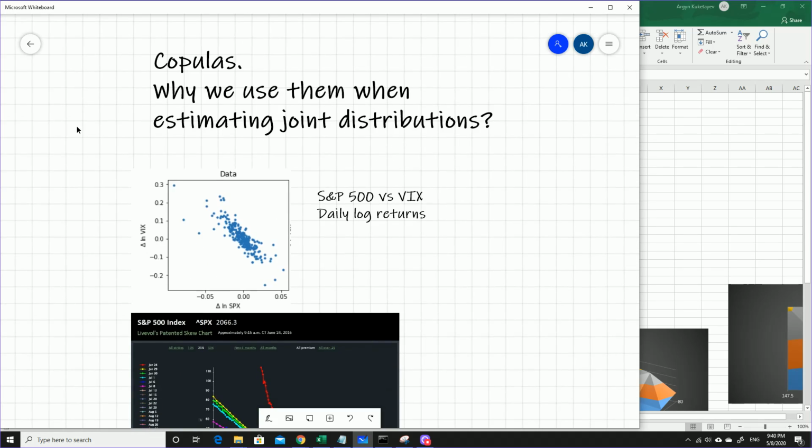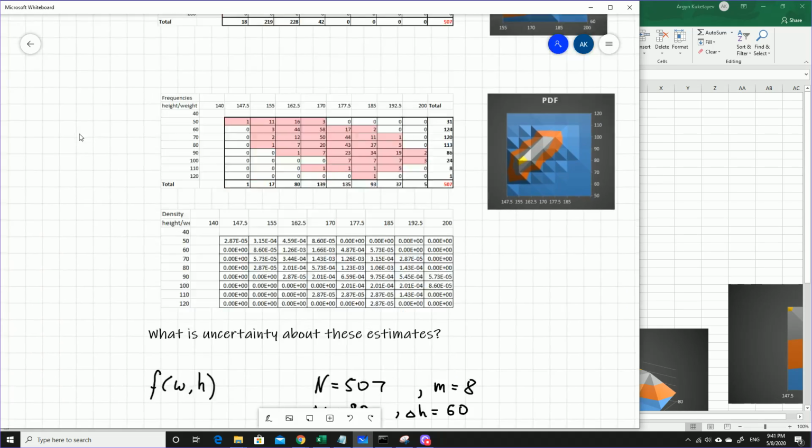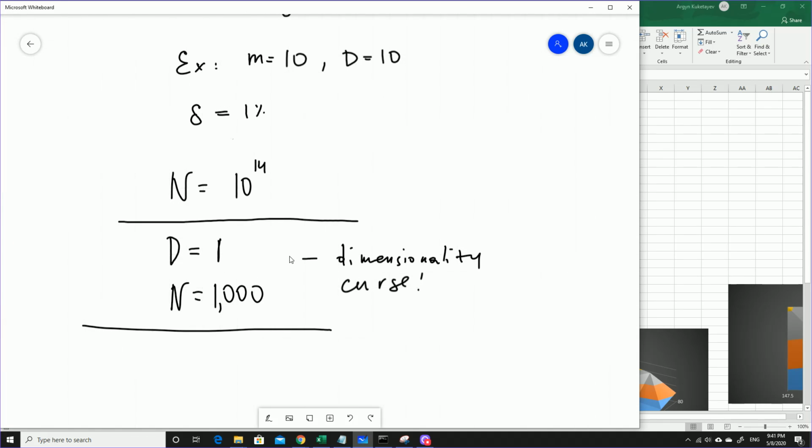Let's get back to the beginning of video one. Let's link it back. What copulas do, they promise. They give you this promise that, you know what, to estimate the joint distribution, which is very difficult, as we just found, if you are using copulas, then you only need to estimate marginal, one-dimensional distributions, which we found are easy, and then you can combine them into a joint.